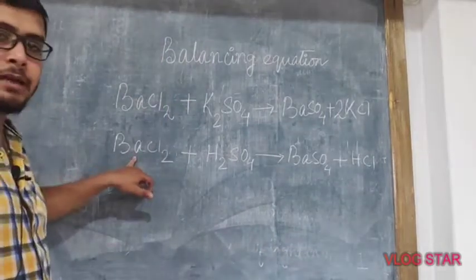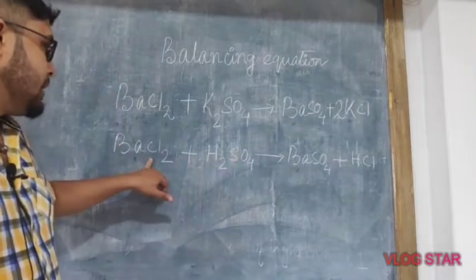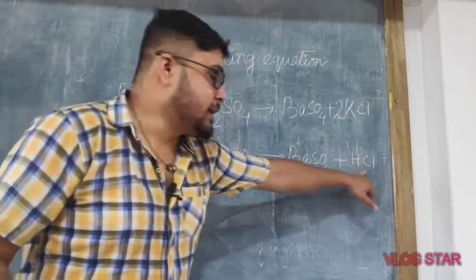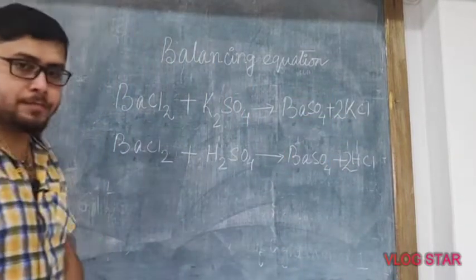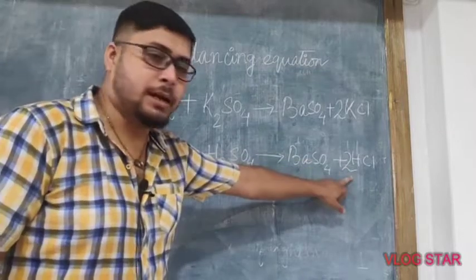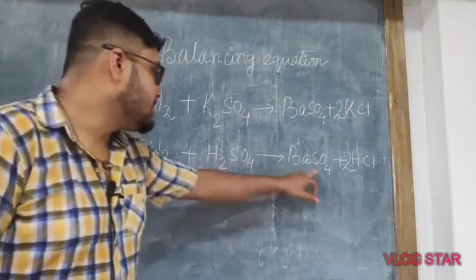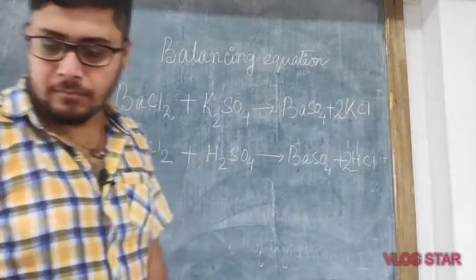Same, if we take Ba, here 1 Ba, 1 Ba, chlorine here 2, here is 1. To balance it, we put here 2. Come to hydrogen, 2 hydrogen balanced, sulfur 1, sulfur 1, oxygen 4, oxygen 4.